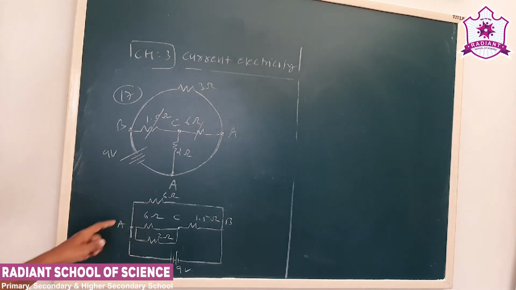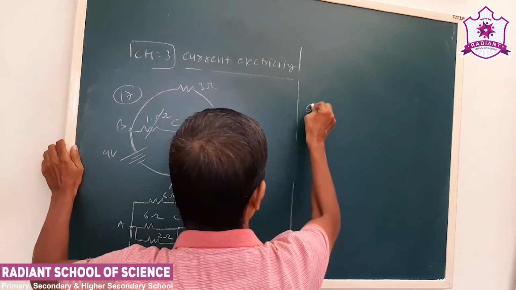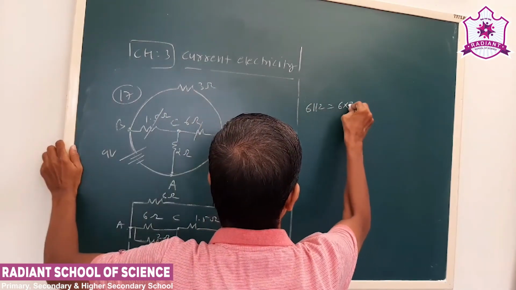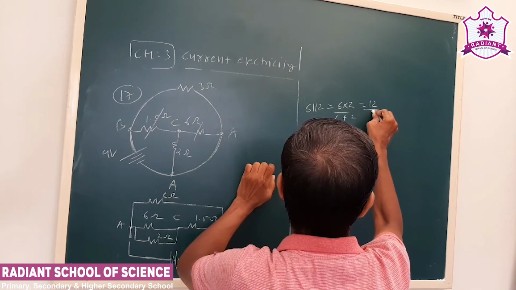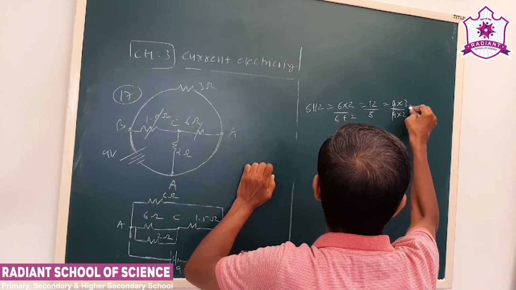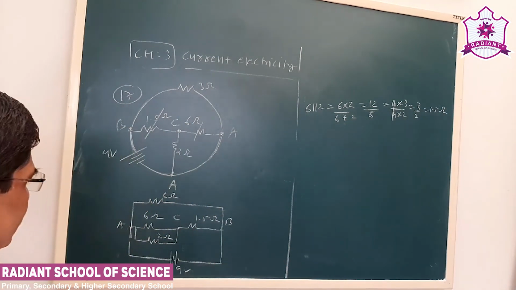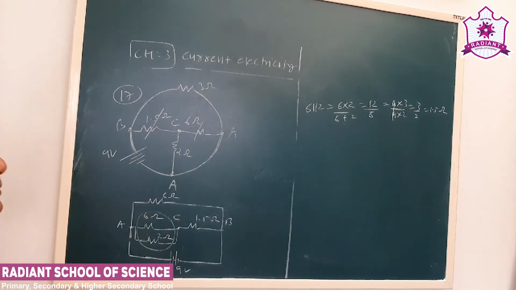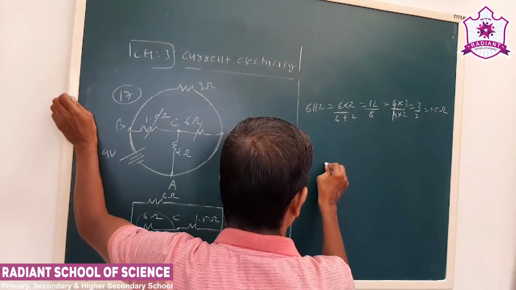Now 6 ohm and 2 ohm are in parallel, so we have obtained the equivalent resistance between A and C, which is 1.5 ohm.